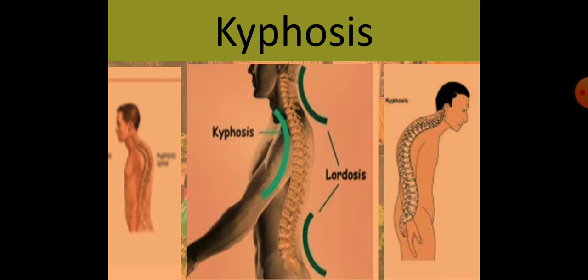The upper two arcs are responsible for kyphosis, and the lower arc is for lordosis. In the third picture, we can see how the hunch is created over the back.